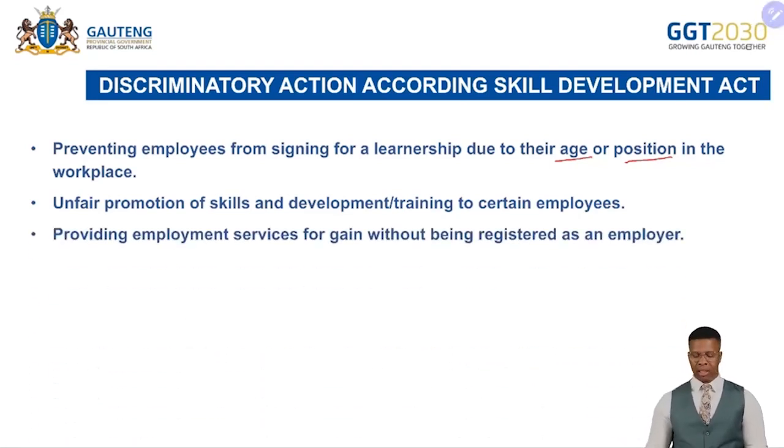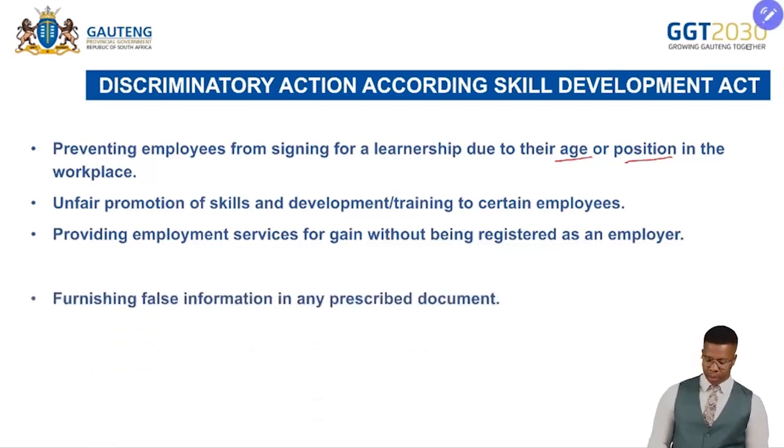And then another discriminatory action could be providing employment services for gain without being registered as an employer. That would be considered discriminatory as well because it means employees will not be allowed room to improve their skills, because the employer is not registered as a business that is offering employment services.